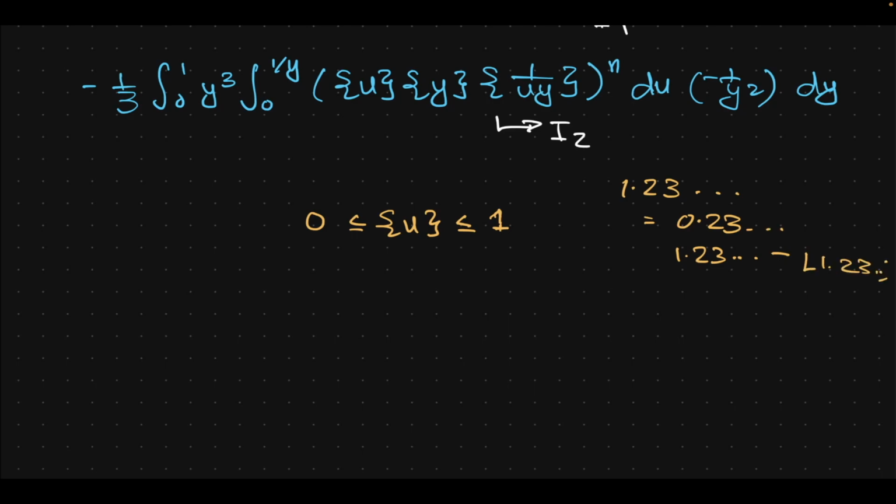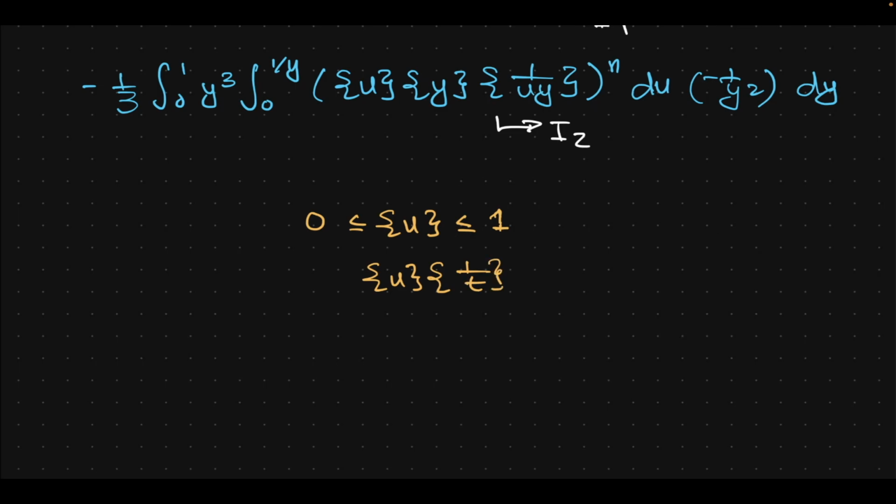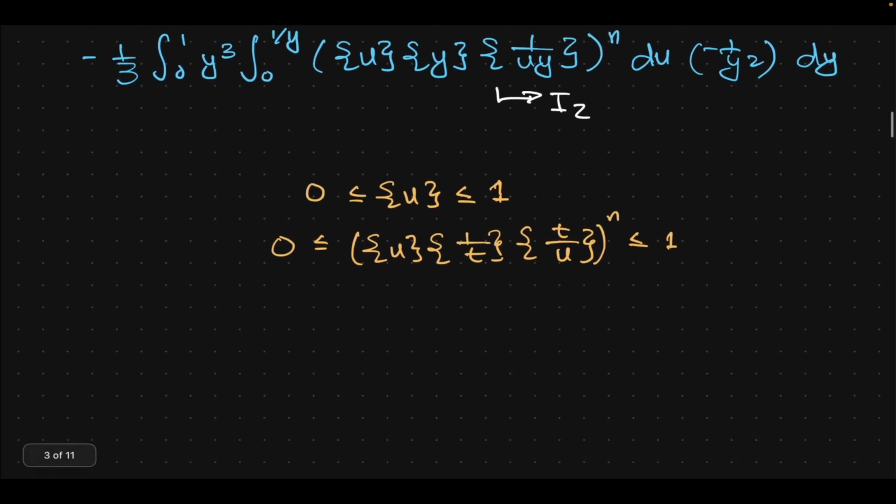So all that matters is what comes after the decimal. With the same logic, the product of three fractional part terms is still between 0 and 1, even if you raise it to the power n, where n is some integer. This is quite simple to see.